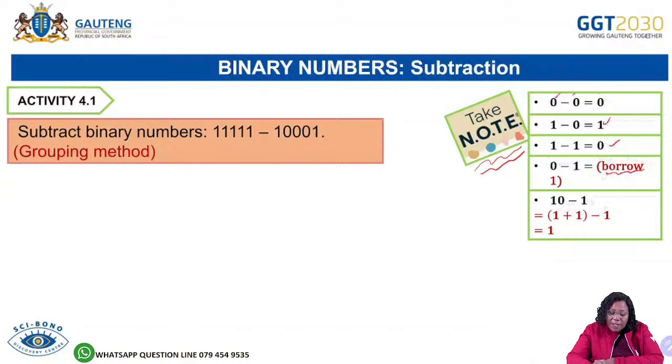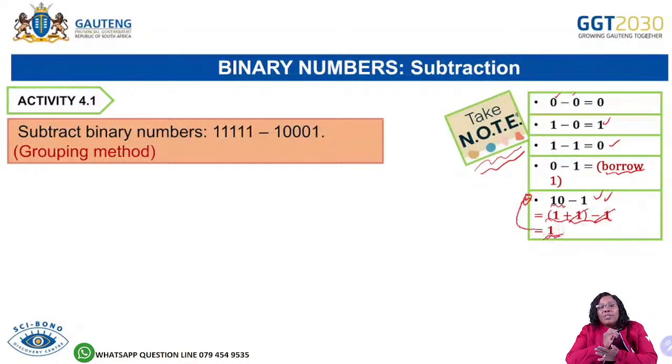If it is 10 minus 1, remember that 10 is actually 1 plus 1 in binary, right? 1 plus 1 is 10. Do you still remember that? And then that means now we are having 1 plus 1 minus 1. It's the same thing as that one. So if we are subtracting 1 minus 1, you will be left with only 1. So this simply means that if you have 10 minus 1, your answer will be 1.